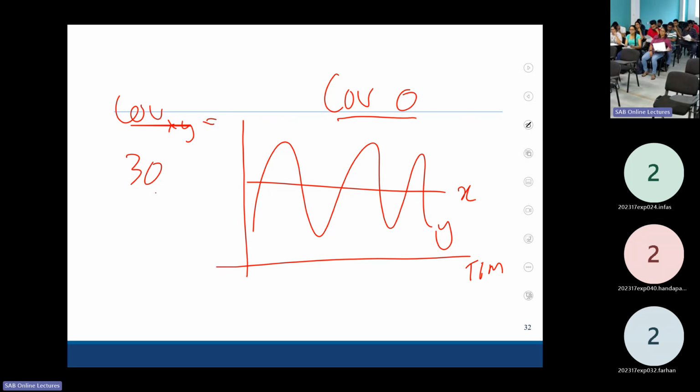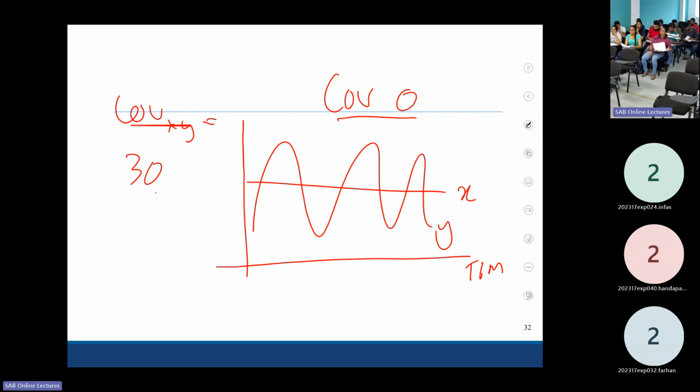These two stocks' returns have a positive co-movement. It means that when the X stock return is increasing in a particular time period, the Y stock return is also increasing. But you cannot say that when X is increasing by 1%, by how much Y is increasing.